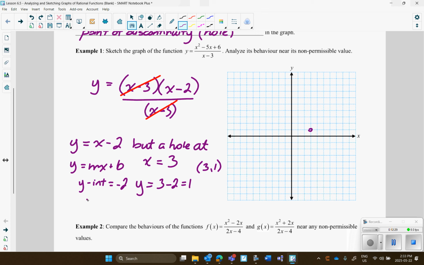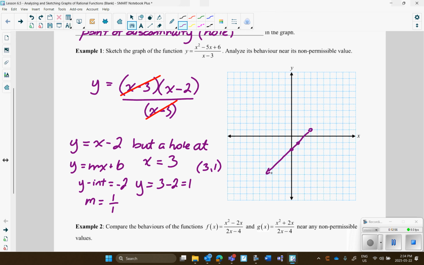What's the slope? 1, and it's a fraction, 1 over 1. So my y-intercept is -2. For a second point, I count out the slope, rise 1, run 1. Here's another point, and you can see how they all form a line.